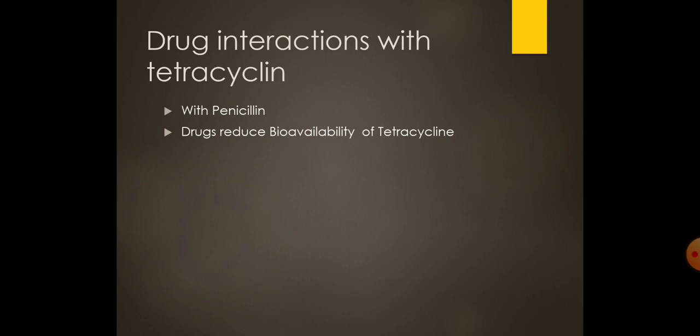Penicillin acts on the rapidly multiplying organism, whereas tetracycline is preventing the growth of the microorganism. Tetracycline will prevent the growth, and hence penicillin will not get rapidly multiplying organisms for its action. So, the combination is not going to be beneficial to the patient.